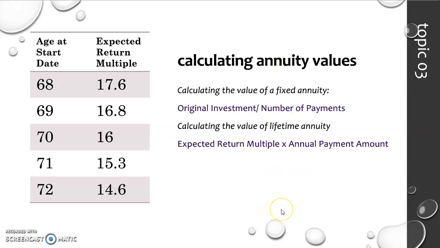So to calculate the annuity values of a fixed annuity, we would take the original investment and divide it by the number of payments. And calculating the lifetime annuity, we would take the expected return multiple from the table on the left and multiply it by the annual payment amount.